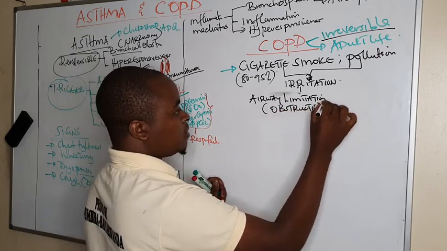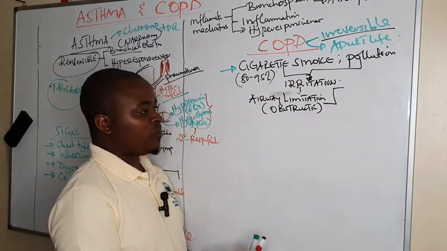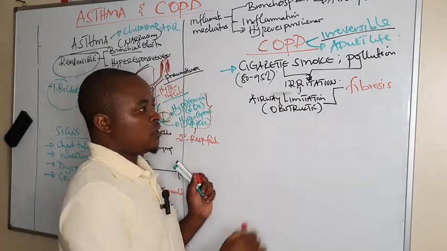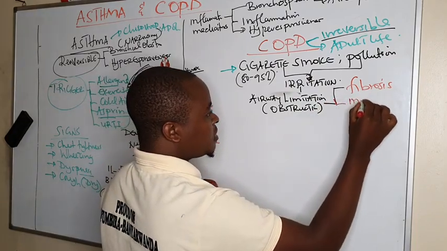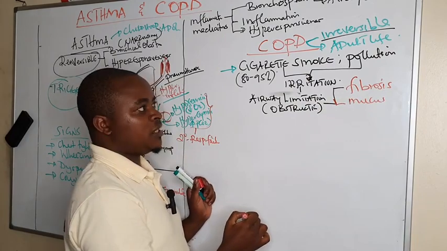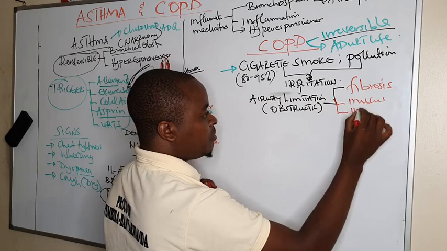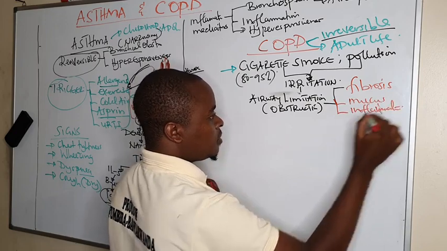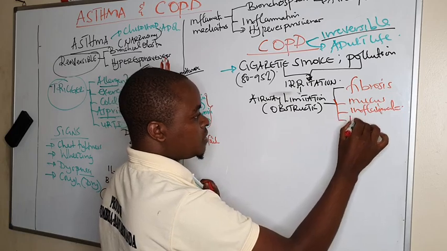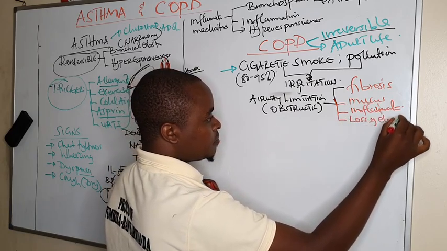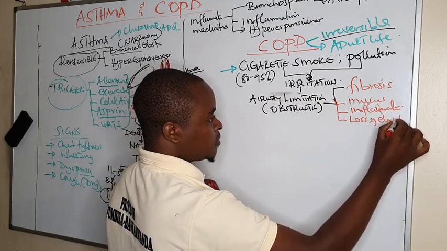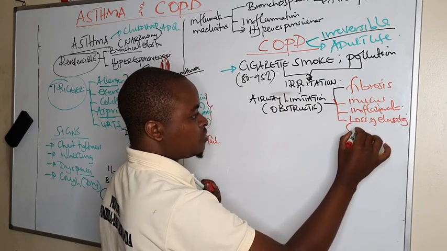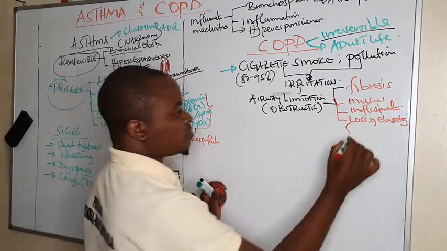is brought about by, one of them, fibrosis. We are going to see fibrosis of the epithelial lining, then hypersecretion of mucus in the linings of the bronchioles, then inflammation of the bronchioles and the alveoli, and then loss of elasticity, which can result in failure of the lung or tubes to recoil.